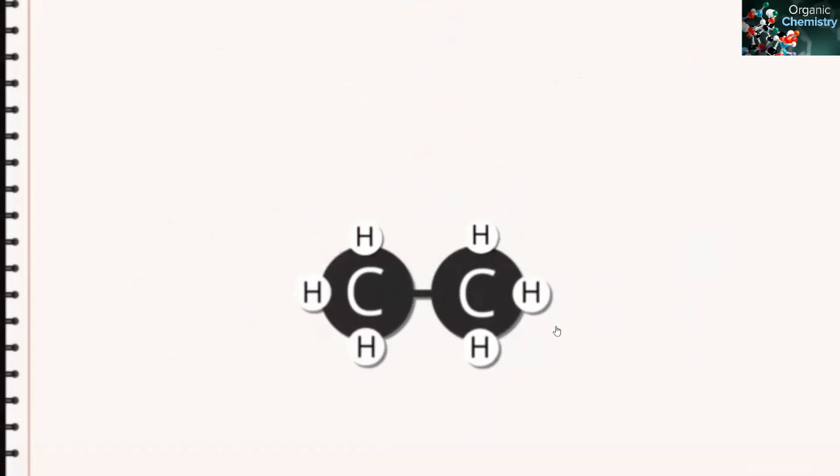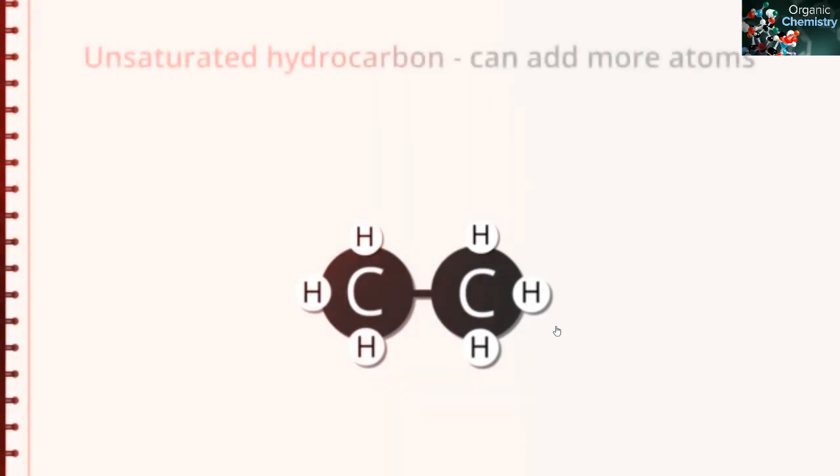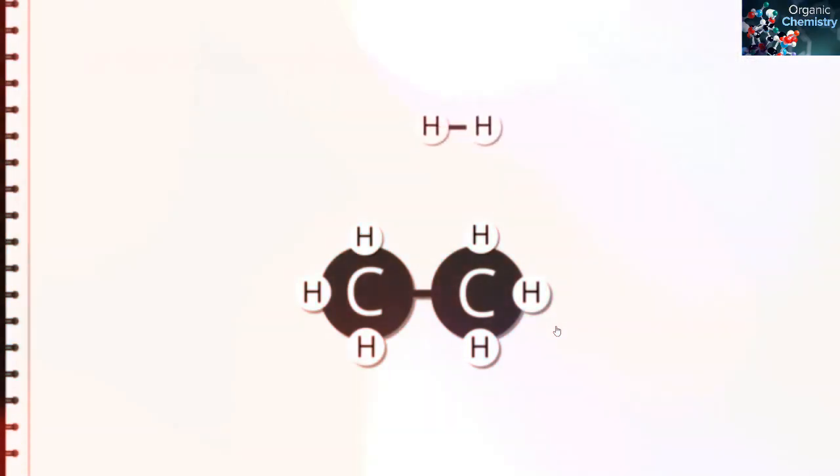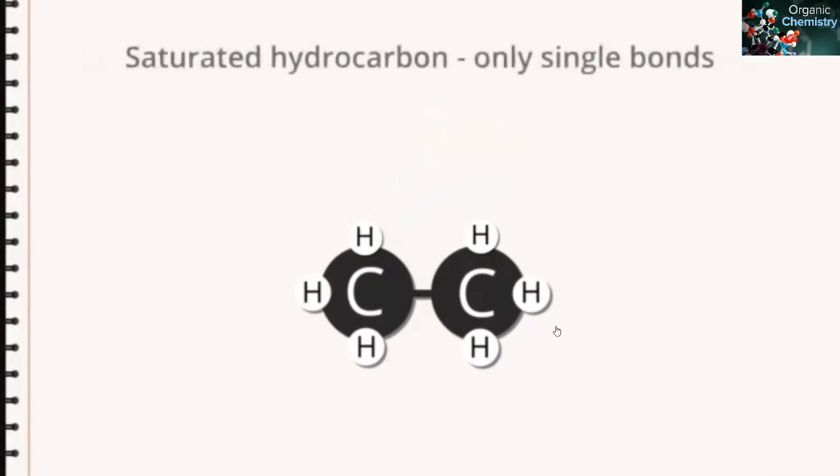Those hydrocarbons that have the possibility of adding more atoms have a special name. They are unsaturated, meaning there's room for more. But ethane already has the maximum number of atoms bonded to each carbon atom. Ethane can't add more atoms. It is a saturated hydrocarbon.